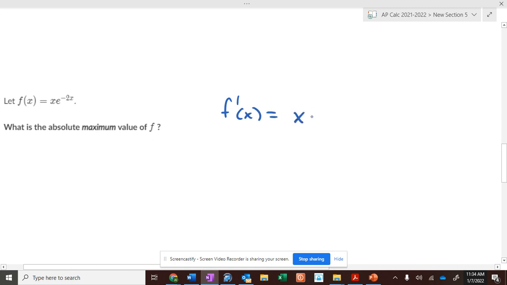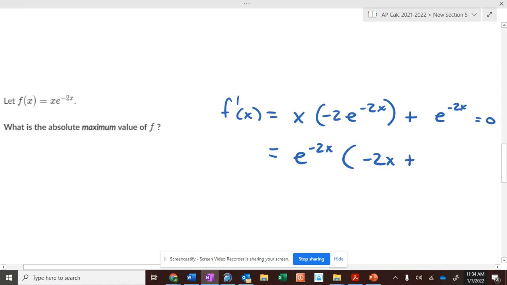It'd be x times the derivative of e to the negative 2x, which is negative 2e to the negative 2x, plus e to the negative 2x times the derivative of x, which is 1. If we set this equal to 0 and factor out the e to the negative 2x, you get negative 2x plus 1 equals 0.